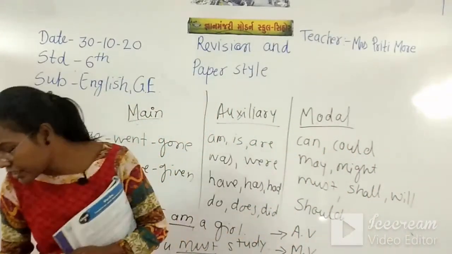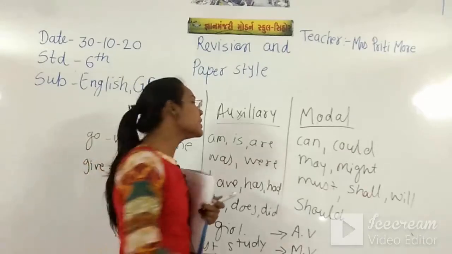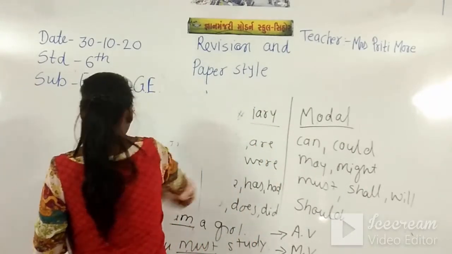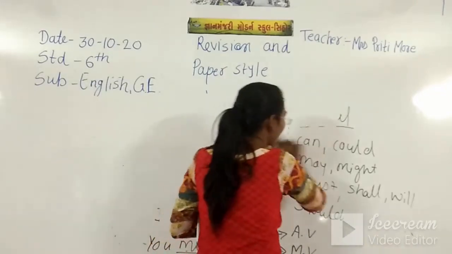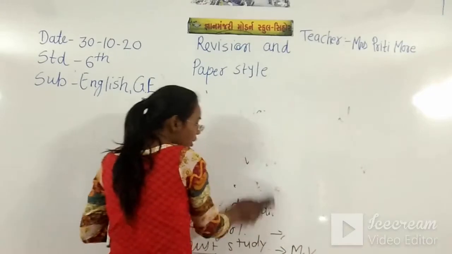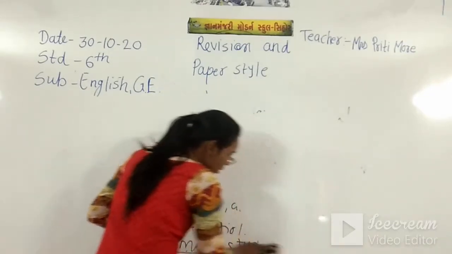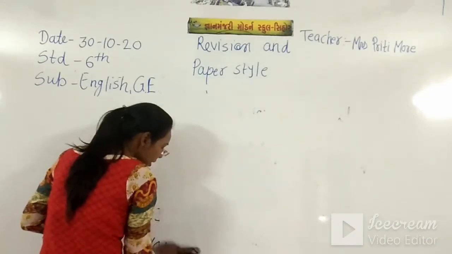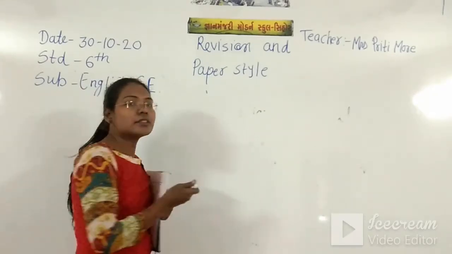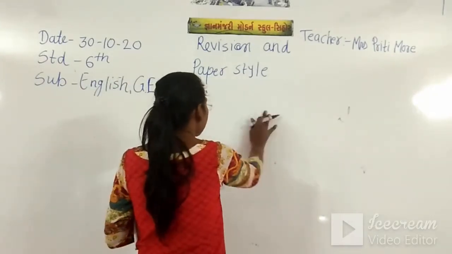Now unit 7 is about verb, and verb has 2 types, transitive verb and intransitive verb. Where the verb needs an object to complete its meaning, it's called transitive verb, and where the verb doesn't need an object to complete its meaning, without object also it's completed, it's called intransitive.